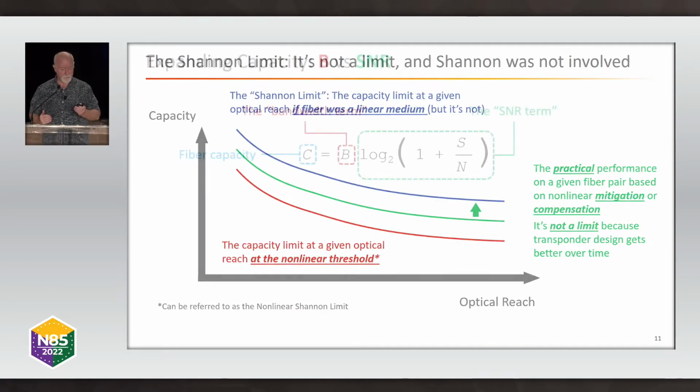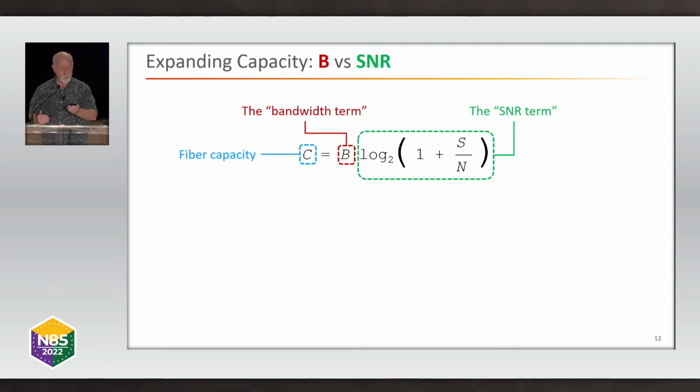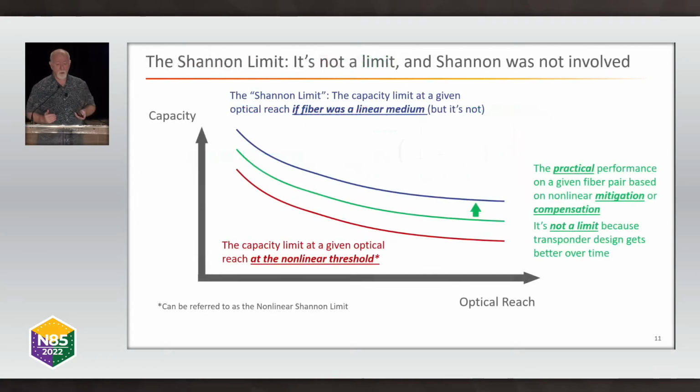We can, oh, that must be an earlier version of the slide. We can operate slightly above or slightly below that green line. There are definitely occasions, especially in submarine cables, where you might operate slightly above the line and you would implement nonlinear compensation, or you operate below the line deliberately.